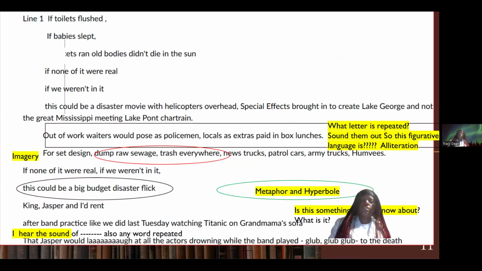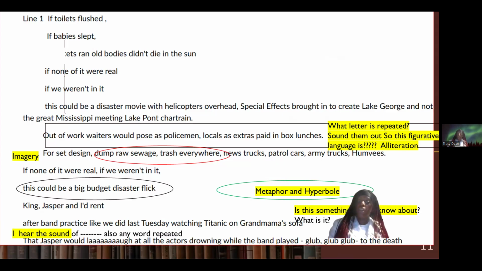Now, things that you can see is imagery. "If none of it were real, if we weren't in it, this could be a big budget disaster flick." Oh, this could be a disaster movie. This could be a big budget disaster flick, which can also be a metaphor.